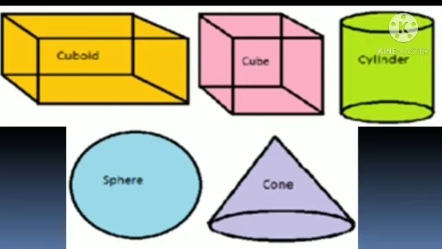Children, in our day to day lives, we usually come across various solid shapes such as cuboids, cubes, cylinders, spheres, and cones. Now, have a look on different solid shapes.